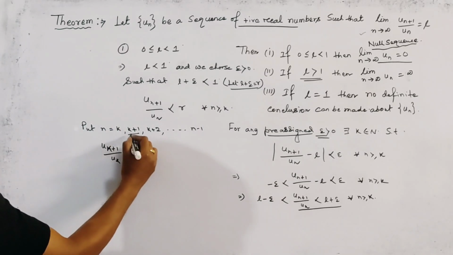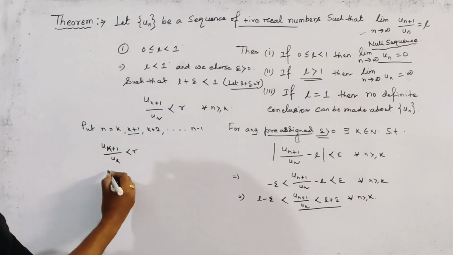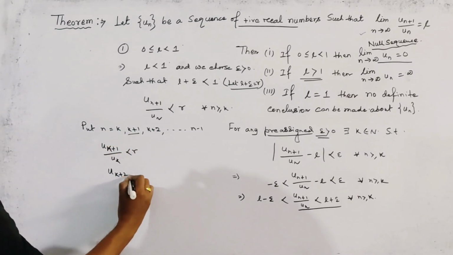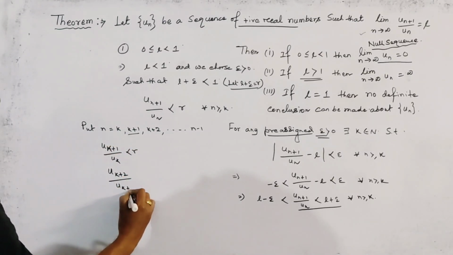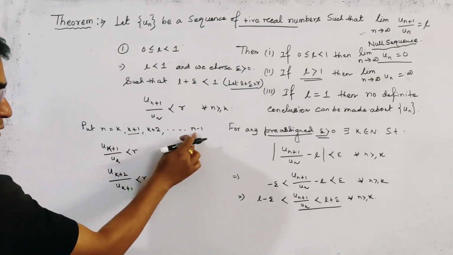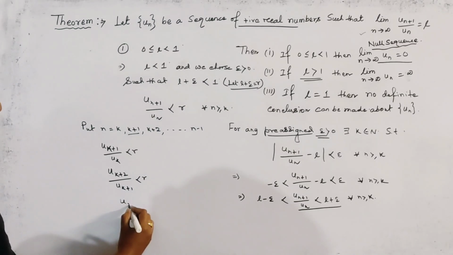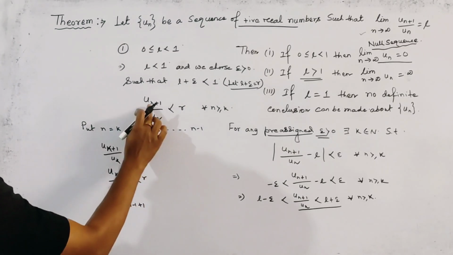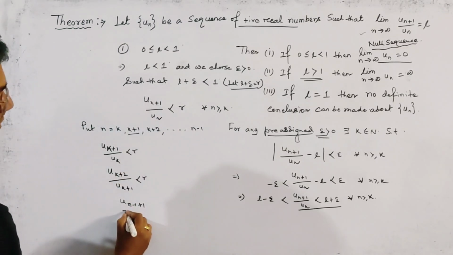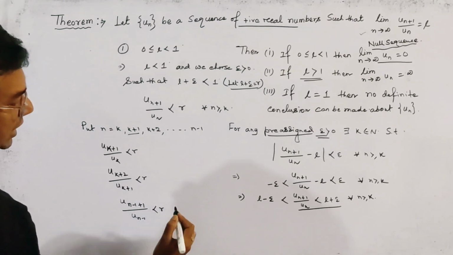By putting k plus 1 in place of n, we get uk plus 2 by uk plus 1 less than r, and so on. If we put the last one, n minus 1, we get un by un minus 1 less than r.